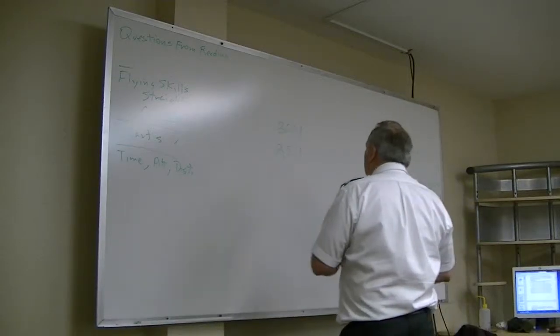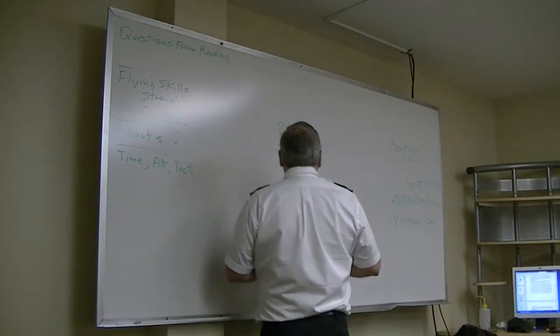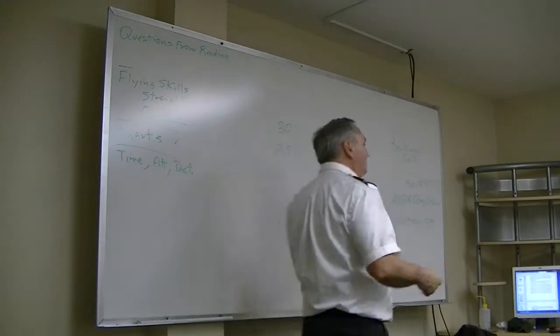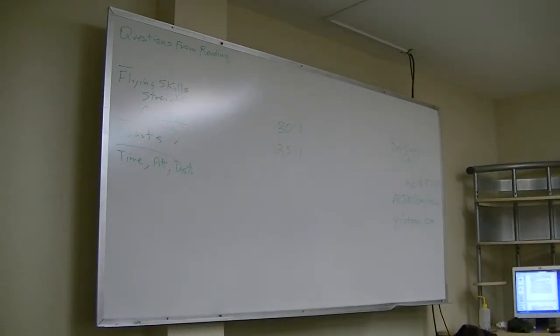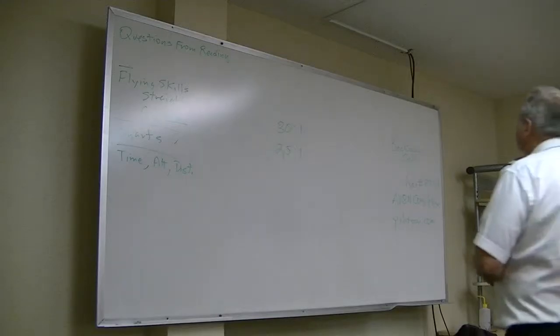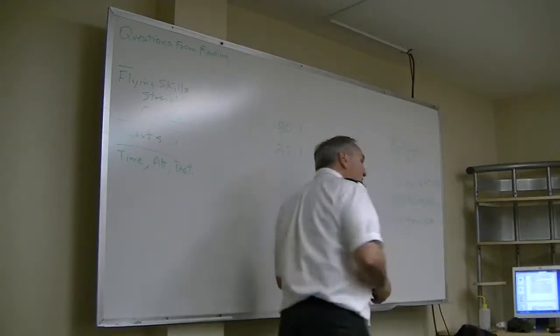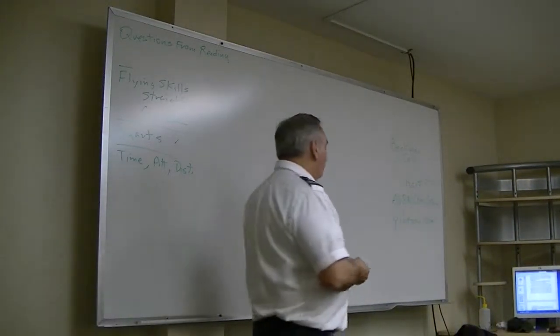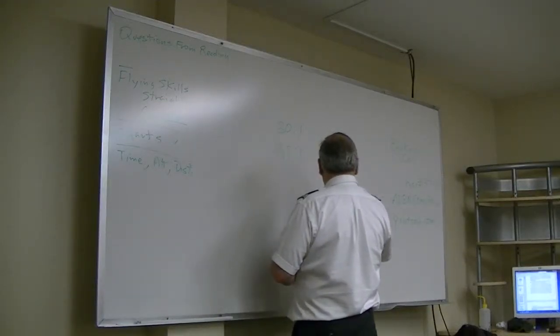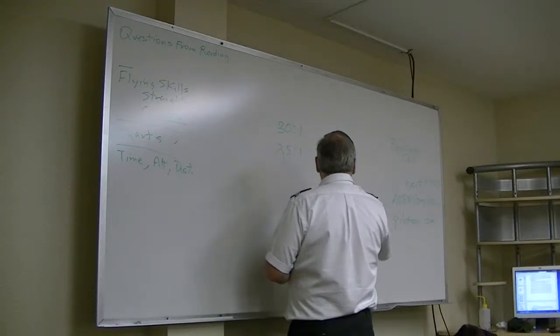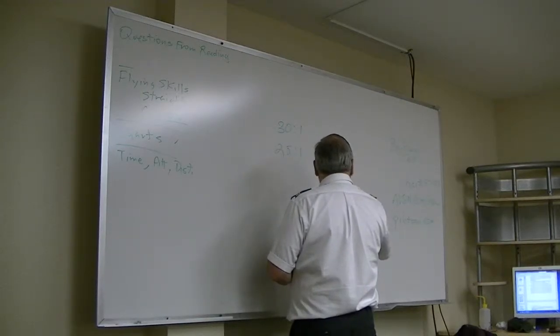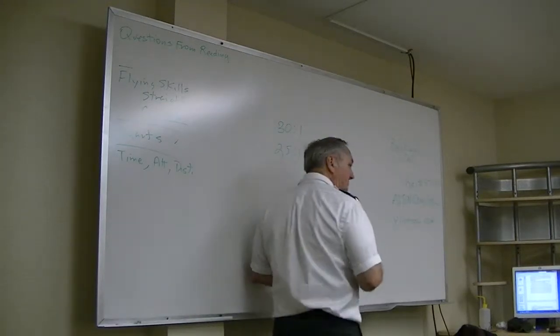Now, there's a couple of ways to look at this. I can either say how much altitude do I need for a certain distance, or I can say how much distance do I get from a certain altitude. So we're going to use distance for altitude. We're going to put North Plains in the middle, and we are going to assume that we want to reach North Plains at 1,000 feet.